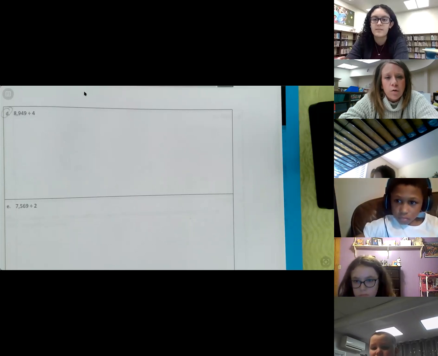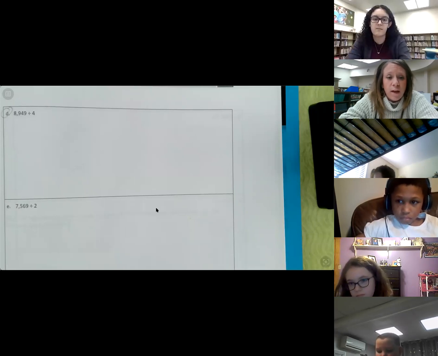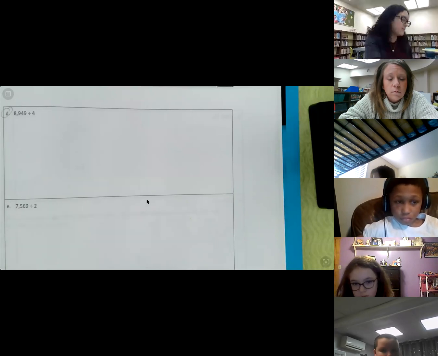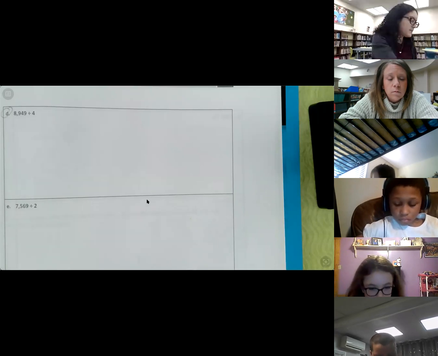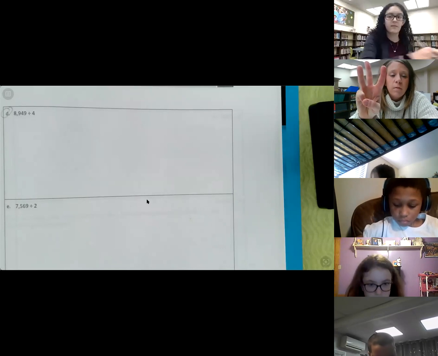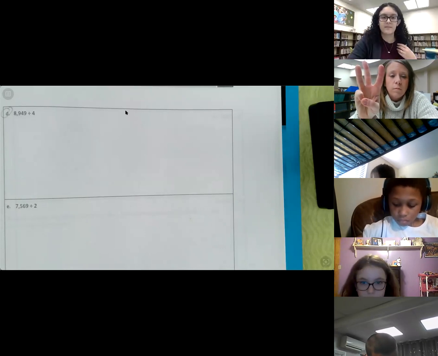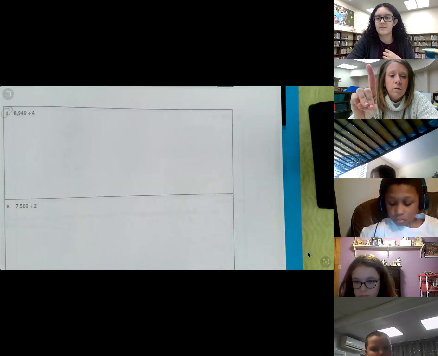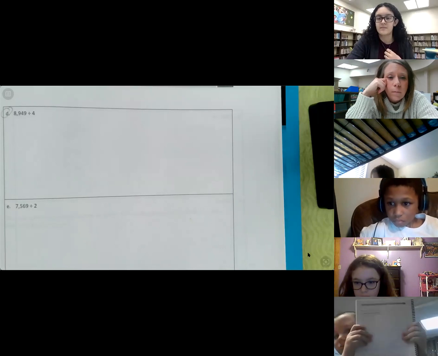Hold up page 147. Because if you don't have anything written down, I'm going to message your parents and tell them you're not doing anything during the Zoom. Hold up the page right now, please. Soren, you have 3 seconds. And then I'm going to remove you from the group. 2 seconds. 1. Are you going to hold your book up?